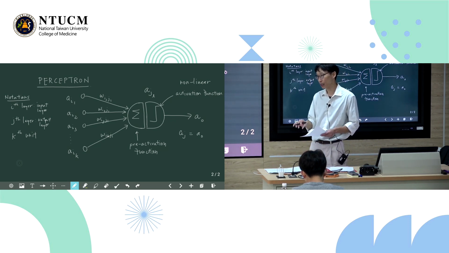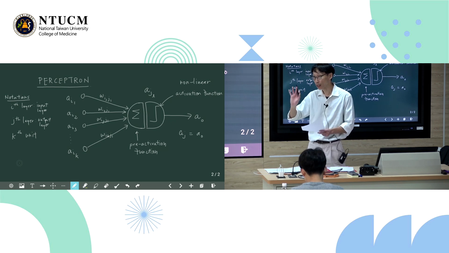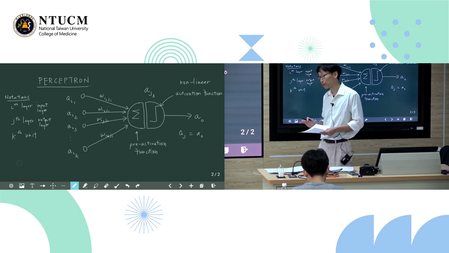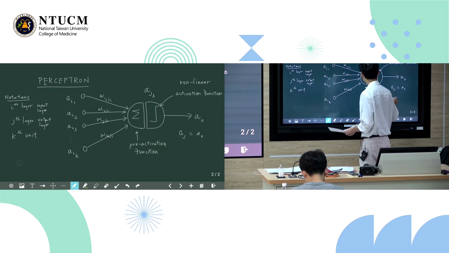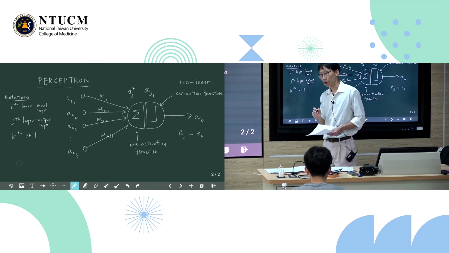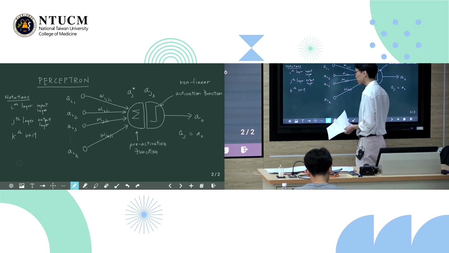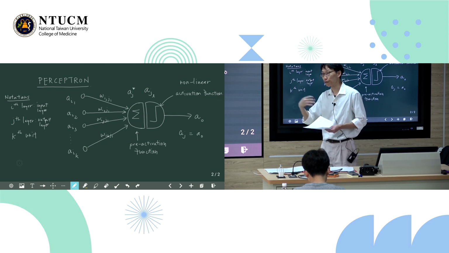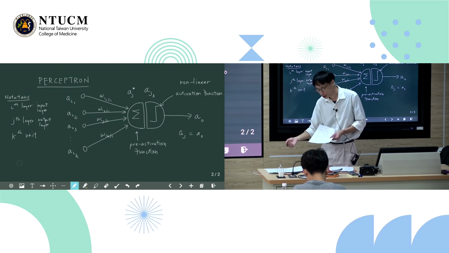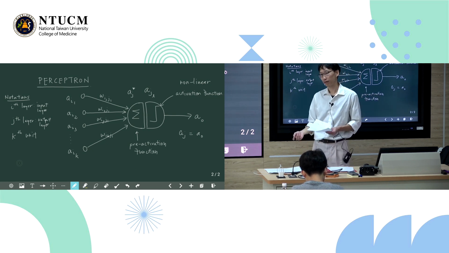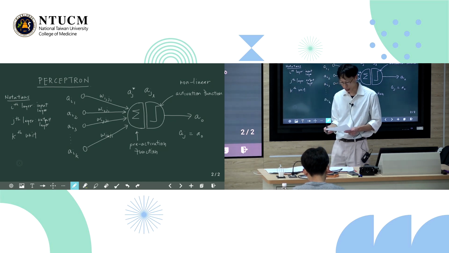If we're just talking about the internal node's activity state itself, we talk about AJ, okay? So when we say AJ, we mean what happens after the activation function is applied. But for the pre-activation function, we're talking about AJ star, okay? So the pre-activation function gives us AJ star, and when AJ star is fed into the activation function, you get AJ, okay? And we will apply that later.